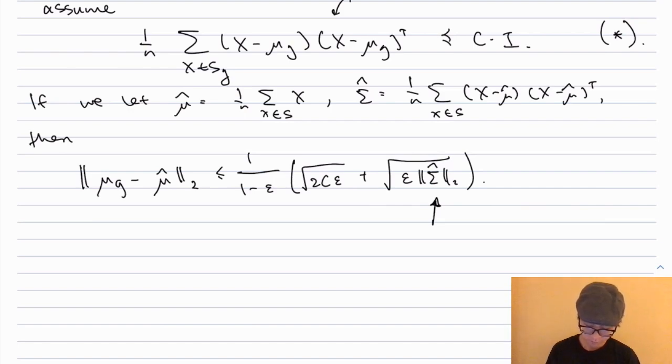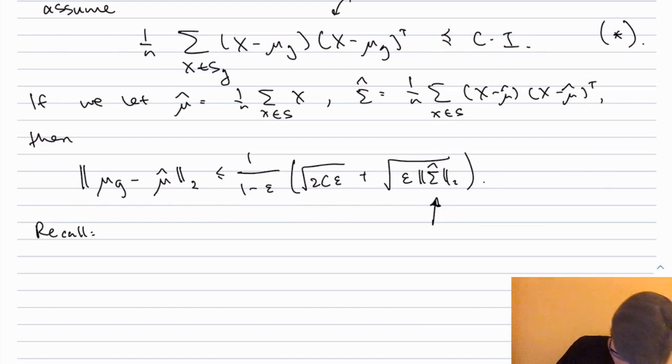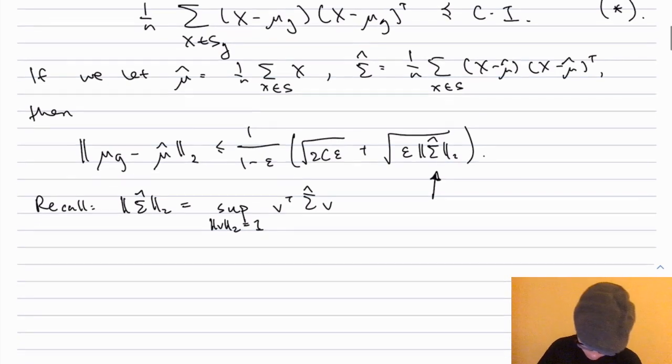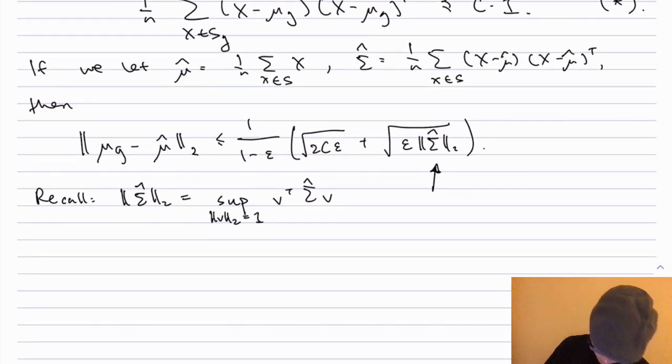And let me just briefly recall the spectral norm of sigma hat. Well, this is by definition the supremum over all unit vectors V of V transpose sigma hat V. And this is a slightly nicer form that we're going to use later on, because sigma hat is an empirical covariance matrix.